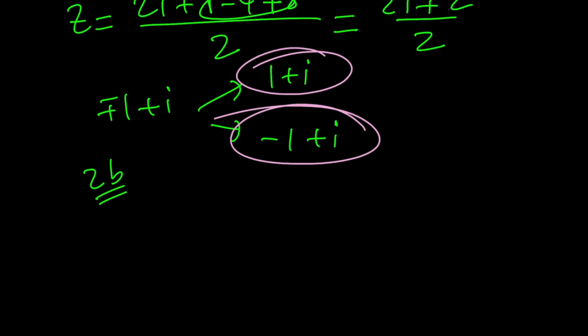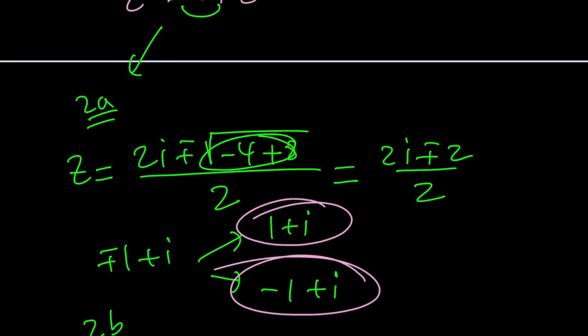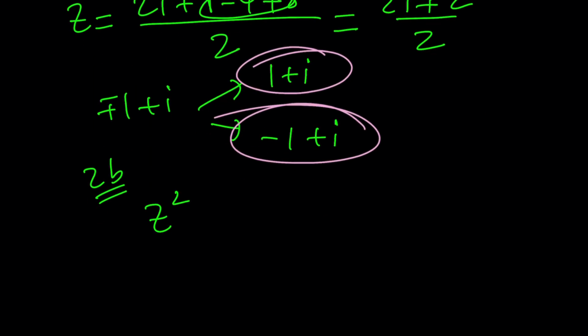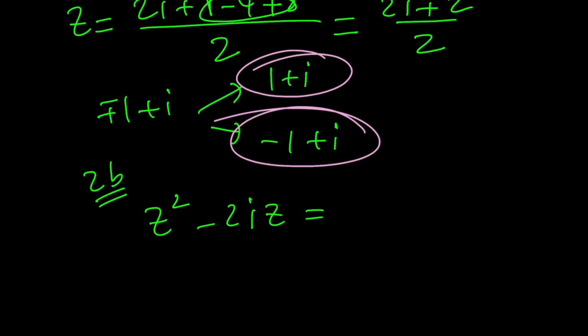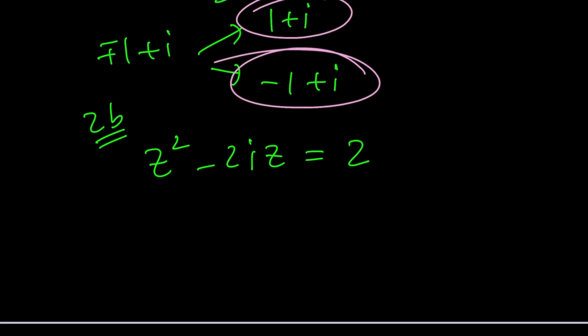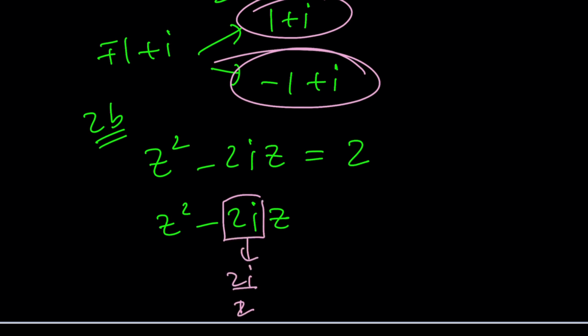Anyways, what is the second method? The second method is completing the square. So we're going to leave the 2 on the right-hand side, and we're going to be adding something to both sides. And that term is going to be determined by this. What's the coefficient of z? 2i. What's half of 2i? 2, I mean i. Okay, and you need to square it. That's what you need to add. So we're supposed to add i squared. Let me just add i squared for now.